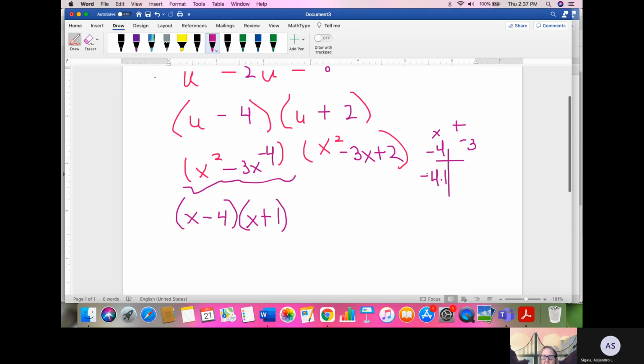And then we have this one here, which we want two numbers that multiply to give 2 and add to give us -3. They should be what? -1 times -2. Correct. So this would be x minus 1, x minus 2.